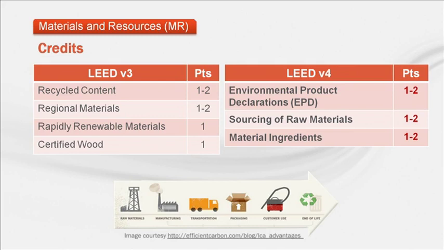In the past, product selection criteria for LEED buildings focused on a single attribute, such as recycled content, regional materials, or certified wood. Mechanical, electrical, and plumbing components were excluded from these credits. In version 4, these new credits now reward products that publicly disclose their life cycle environmental impact, source of raw material, or material ingredients.